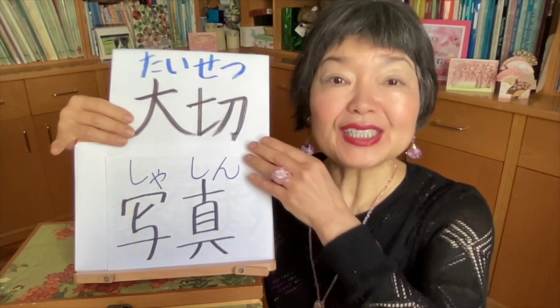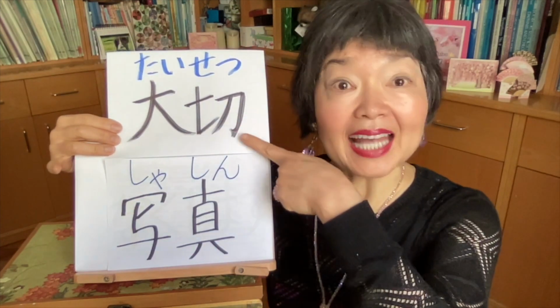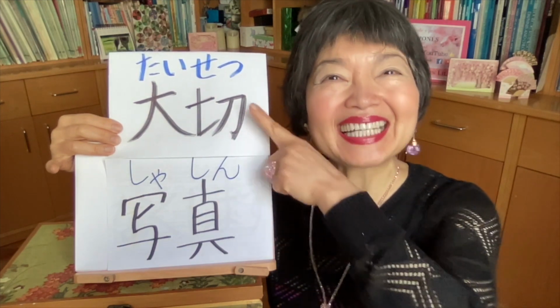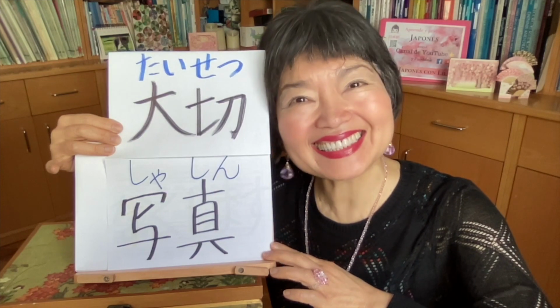This is a very important picture, so please don't lose it. Important is 大切, a な adjective, and picture or photograph is 写真. The important picture is 大切な写真.